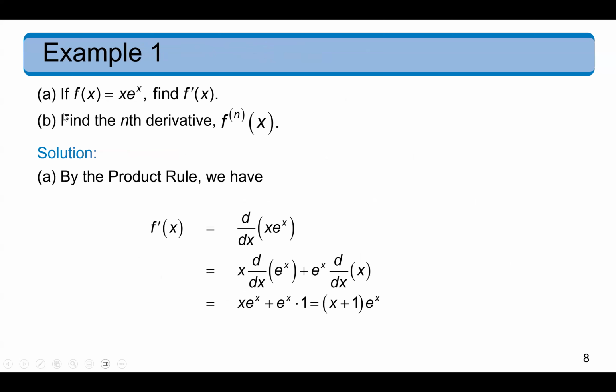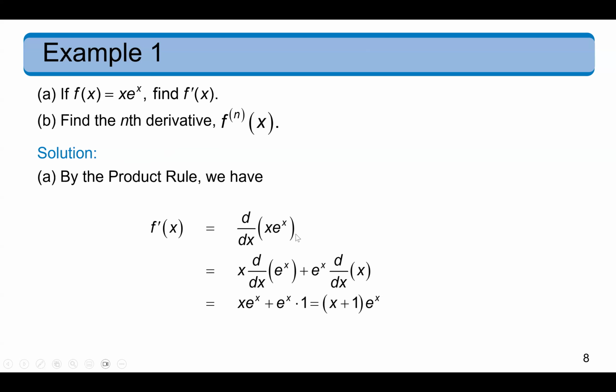So there's another example here. Let's find the derivative of x times e to the power x. This will give the derivative of x times e to the power x. This is the same as saying the derivative of e^x times x plus the derivative of, again, x times e^x.